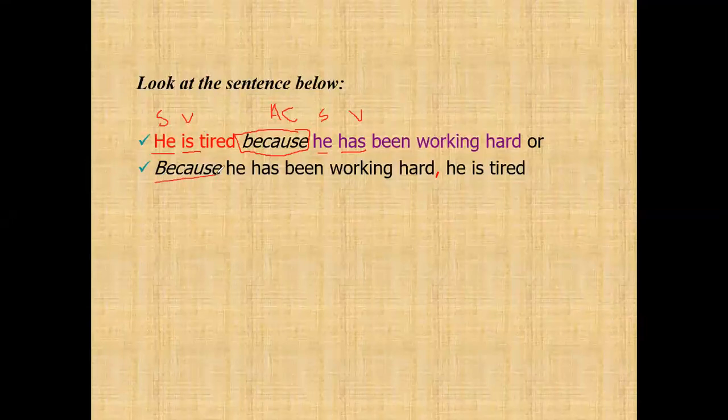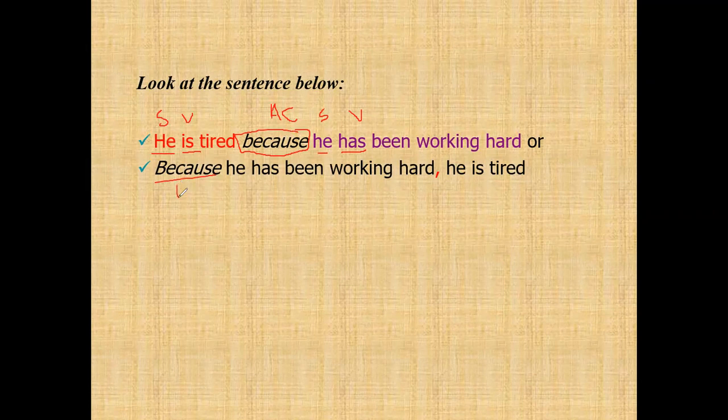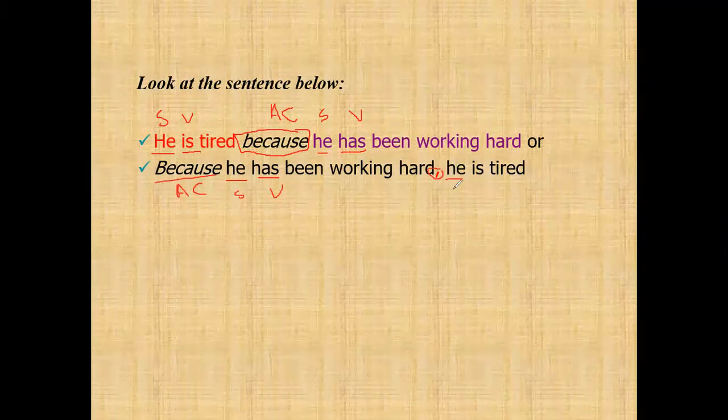Now, you can say like this one. Because he has been working hard, he is tired. Because is the same adverb clause connector, and then he is the subject, has been is the verb, and then remember when you put an adverb clause connector in the beginning, there is a comma, and after that it is followed by a subject and then a verb again.